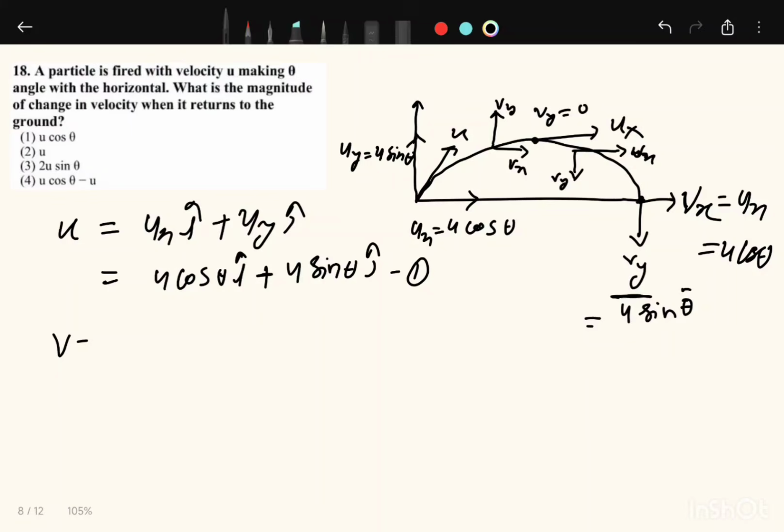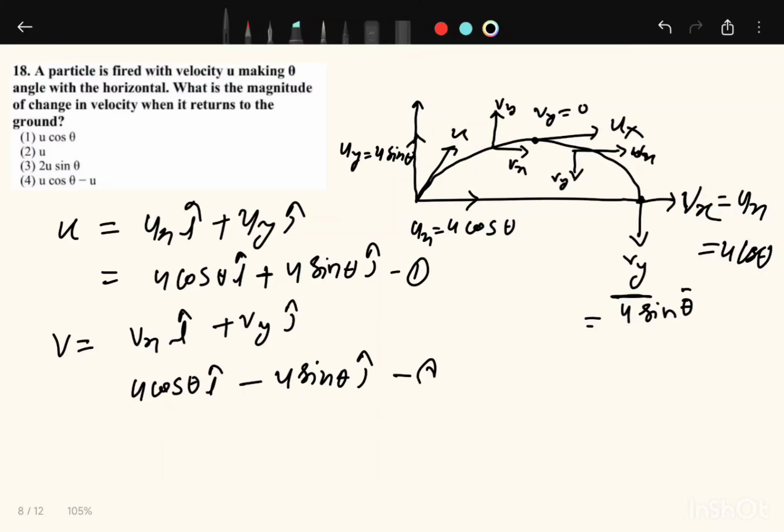Now let me take the final velocity. Final velocity is vx i cap plus vy j cap, right? So vx is u cos theta, and vy is minus u sin theta, because the direction has been changed now here. So that is your final velocity.